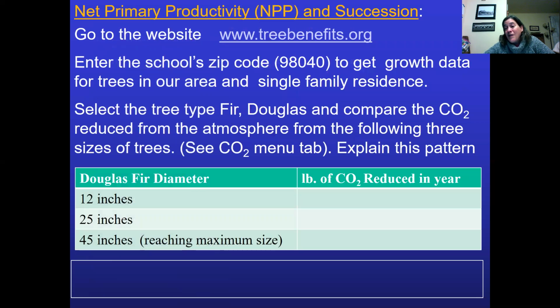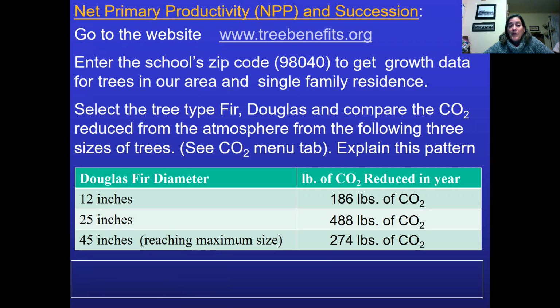Okay, so what about looking at our last Unit 1 stuff, net primary productivity and succession? I'm not gonna have you go to this website, but I'm just gonna give you the answers. If you look at Doug fir and compare how much CO2 is taken out per year, you'll notice that there's actually kind of a peak in the mid zone of the growth of that tree. You might think, wouldn't the big trees pull out more carbon?